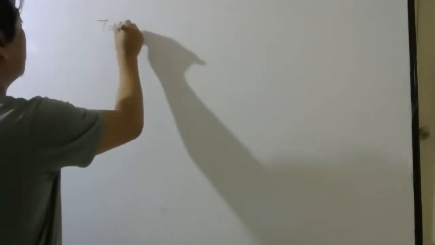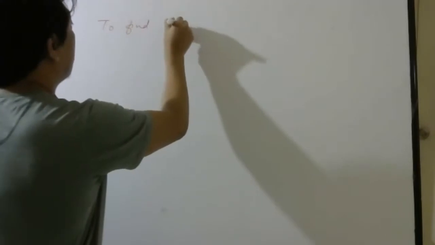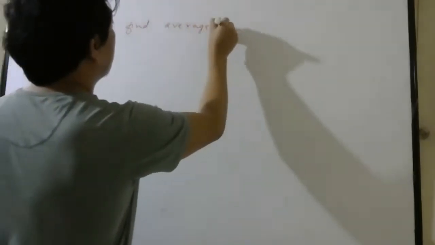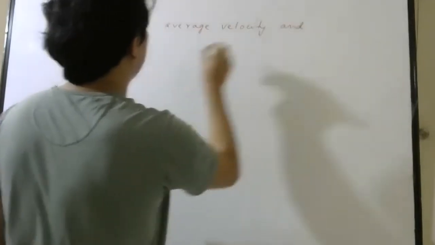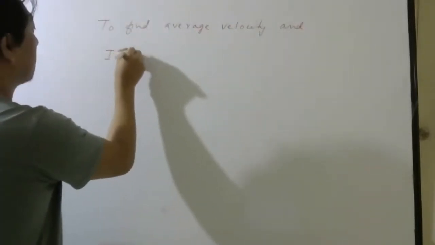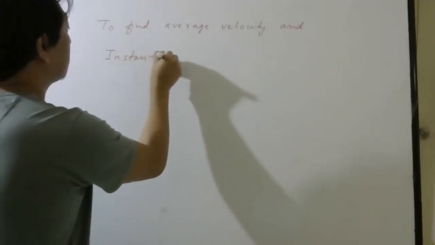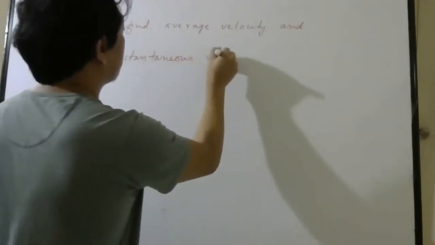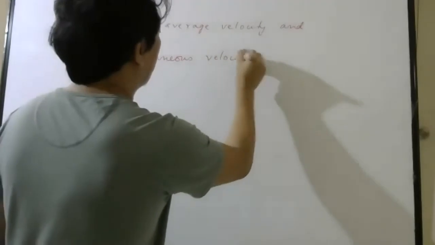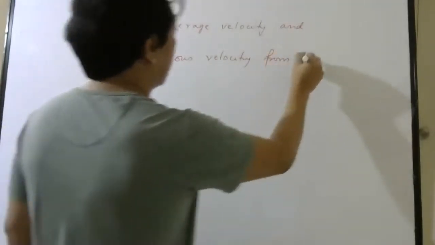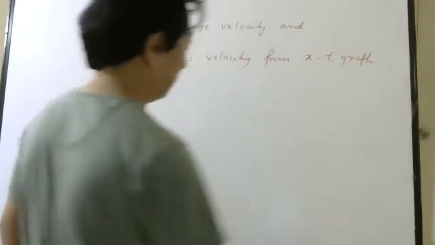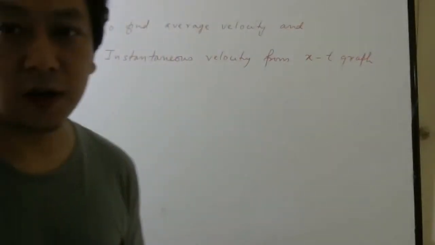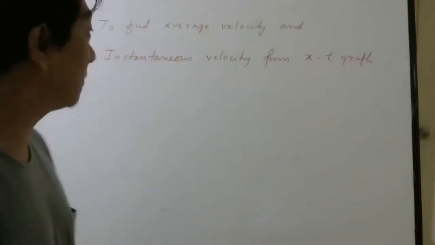So write the topic: to find average velocity and instantaneous velocity from xt graph. The xt graph can also be called the displacement time graph.